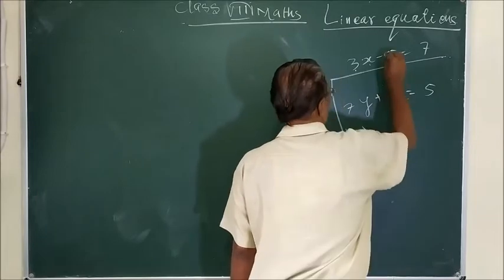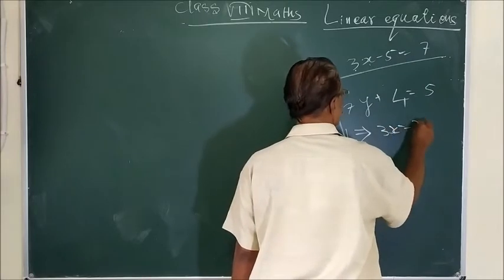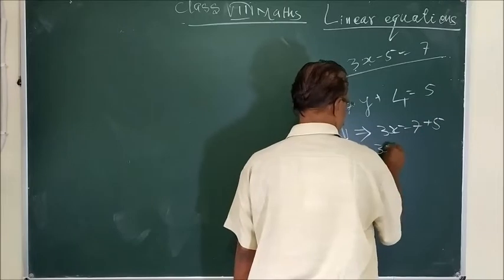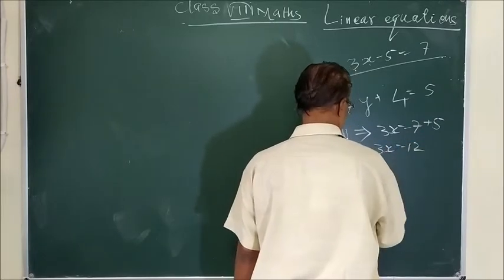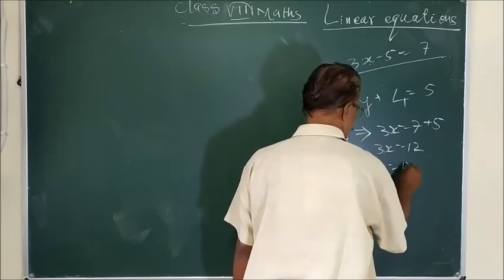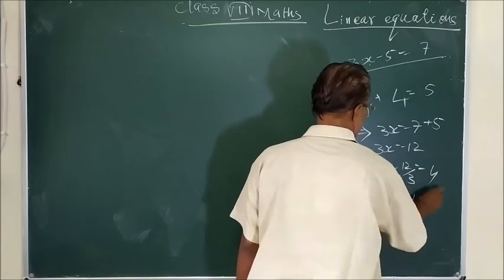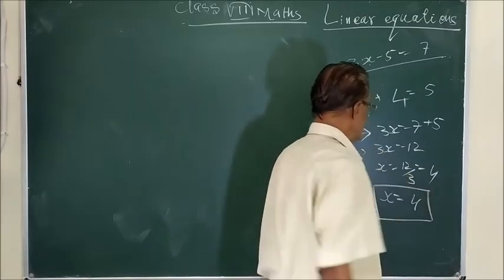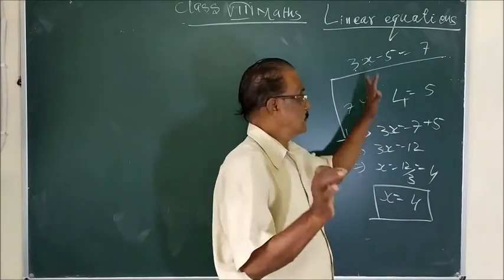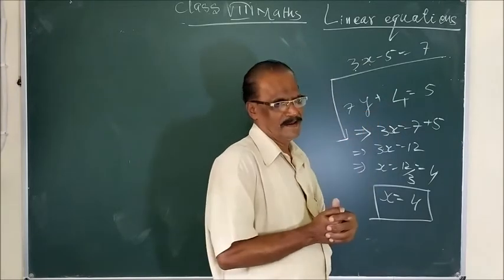Now you see, we transfer minus 5 this side, so 3x is equal to 7 plus 5, and 3x is equal to 12. Now we transfer 3 from left to right, x is equal to 12 upon 3 is equal to 4. This is the value of x. If you put this value here, you will satisfy the equation. Both sides will be equal.